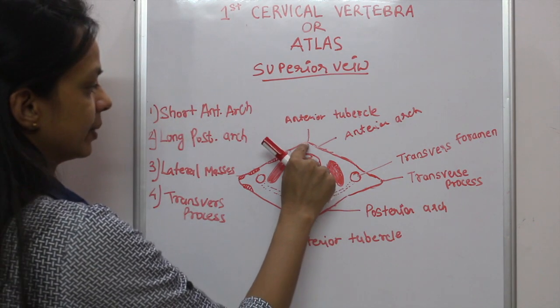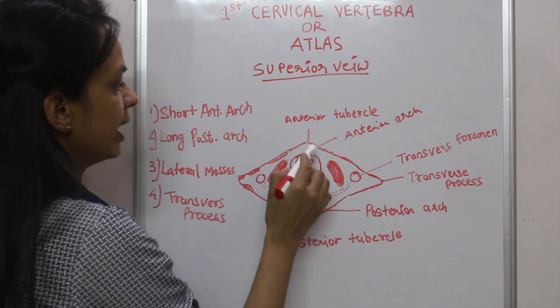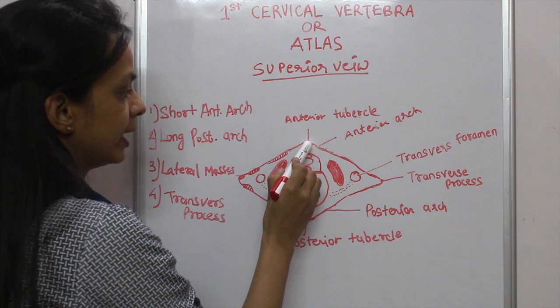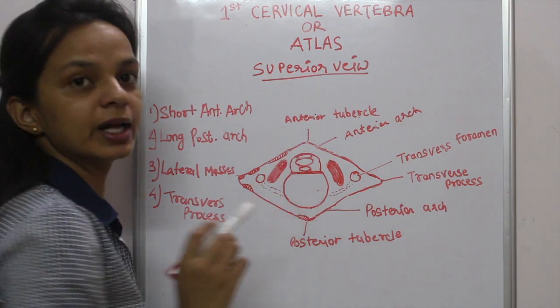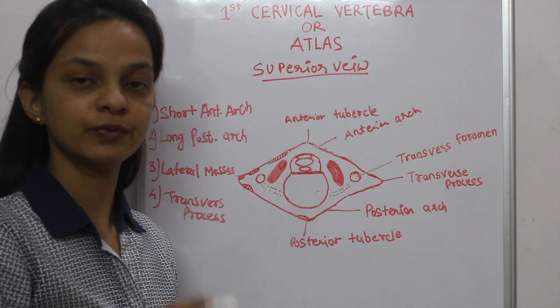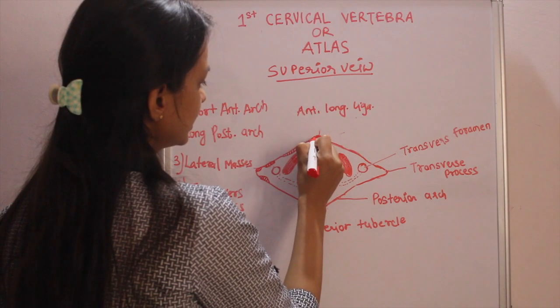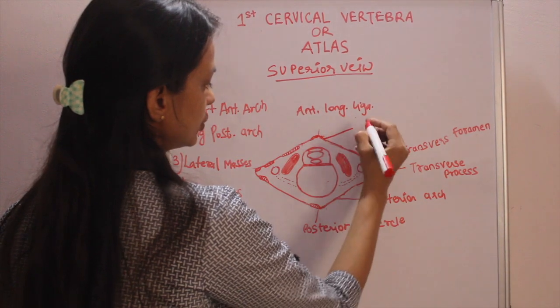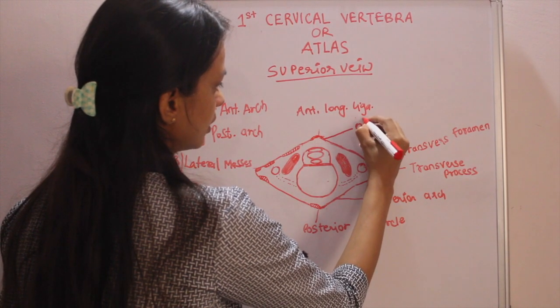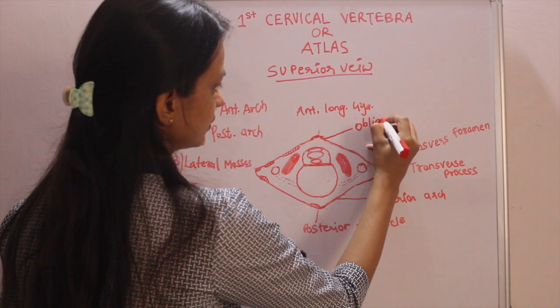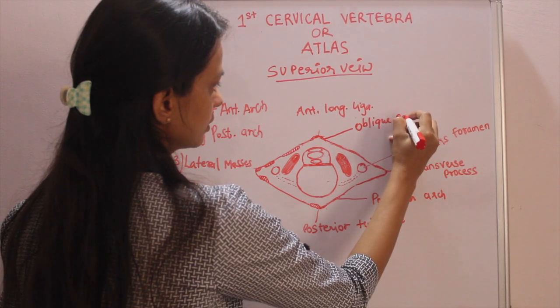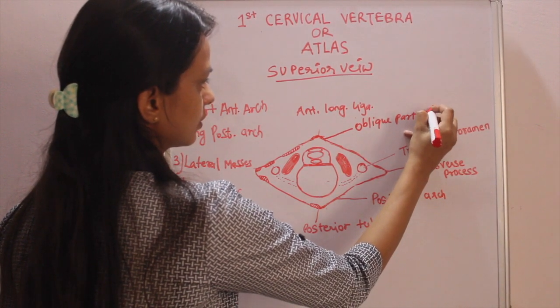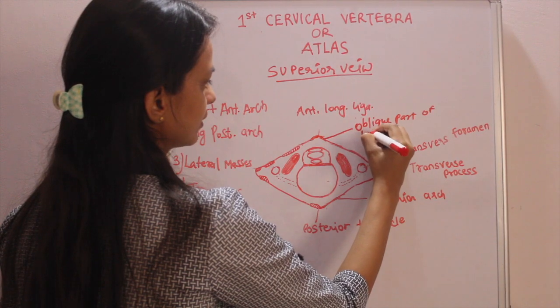Let's understand the attachments and relations of the first cervical vertebra. This is the anterior tubercle. The anterior tubercle provides attachment to the anterior longitudinal ligament from its medial bend. Each side of the anterior tubercle provides insertion to the oblique part of longus colli.